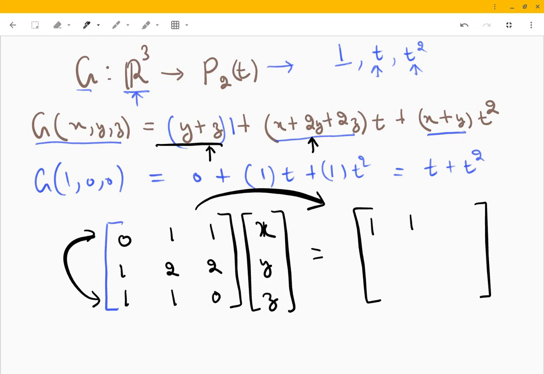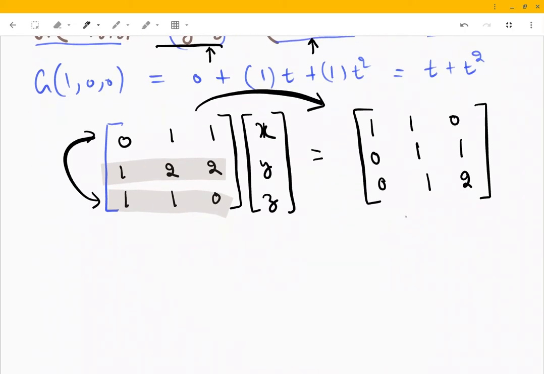I'm putting the third row in the first position, then writing the first row in the second position, and then subtracting this from this. 1 minus 1 is 0, 2 minus 1 is 1, and 2 minus 0 is 2.